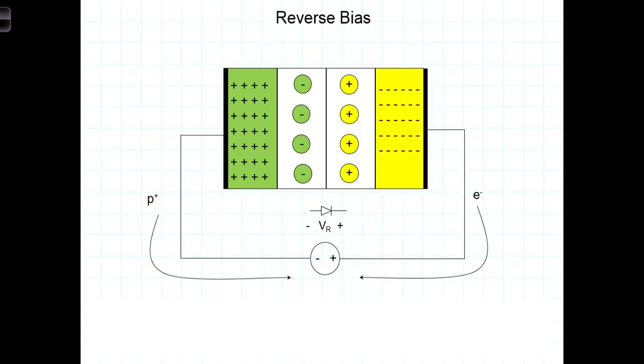In the reverse bias, where we would put a negative terminal on the P-doped terminal of the diode, and a positive voltage on the anode or the negative doped terminal of the diode, this junction that we talked about before is actually expanded, and there becomes such a large voltage here that we're not able to get electrons to flow through or current to flow through the diode.